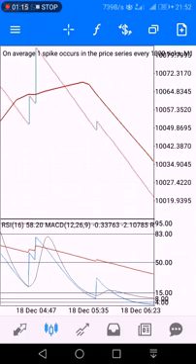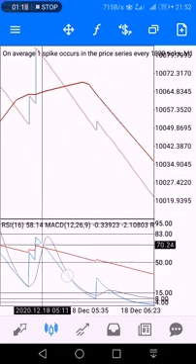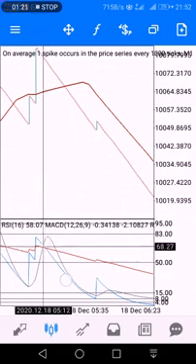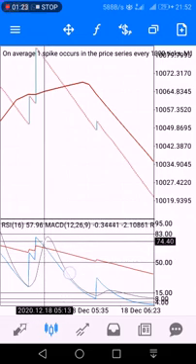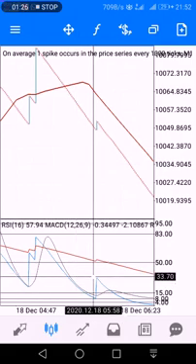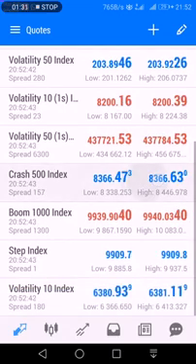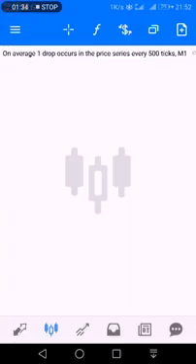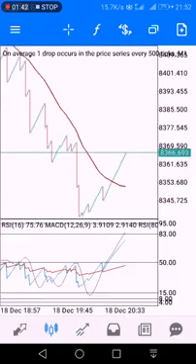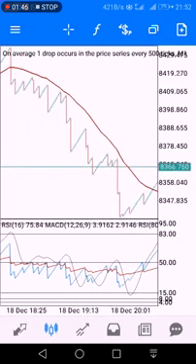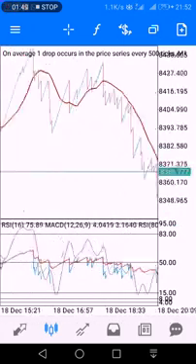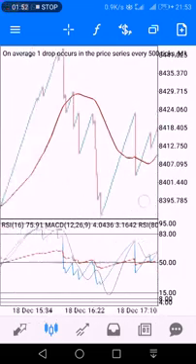So let me do a quick recap. Once the MACD crosses the RSI, we're going for a trend of three short candles. Now let's check Crash 1000 or Crash 500. Let's look at Crash 500. As I said, we'll be using our second zoom level.